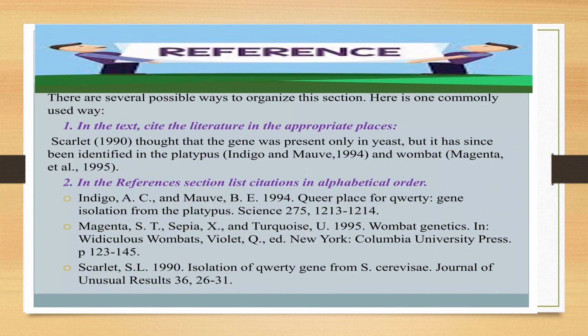For the references, in most of the health science journals, the references are presented using the Vancouver style. Cite the literature in the text in the appropriate place. Here a few examples have been given: the name of the author, the book, and the year of publication.